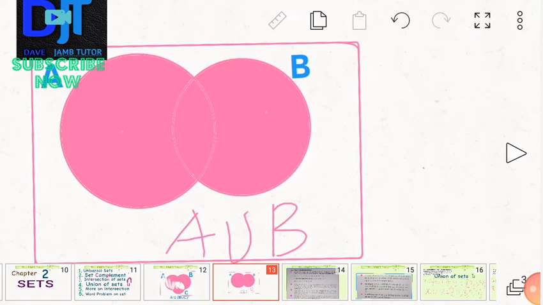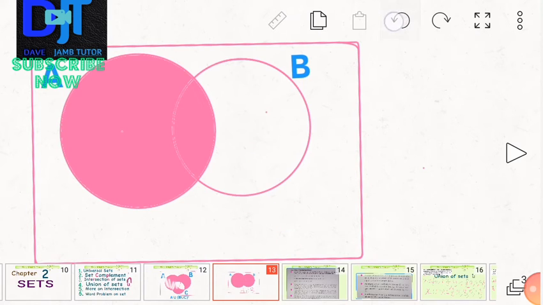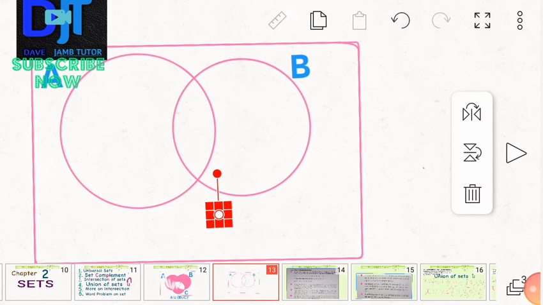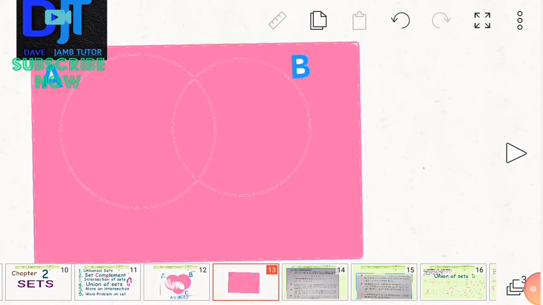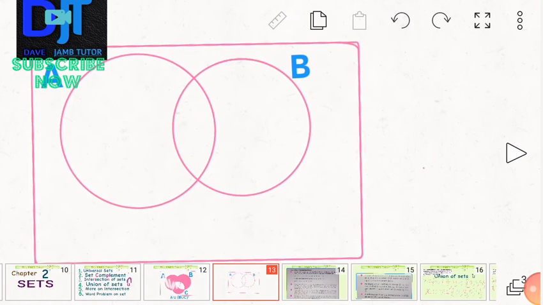So now another thing I would like to explain is universal set. I had explained that earlier. Universal set is actually everything inside this box. It's everything here. That is the universal set. But whenever they speak of empty set, it is if there is nothing inside this box at all.